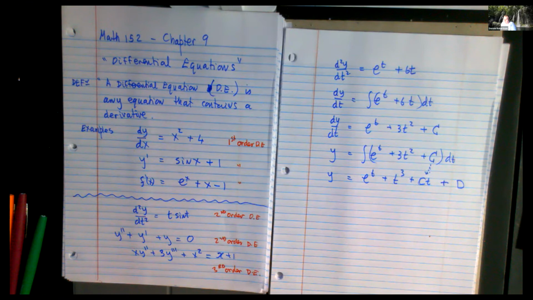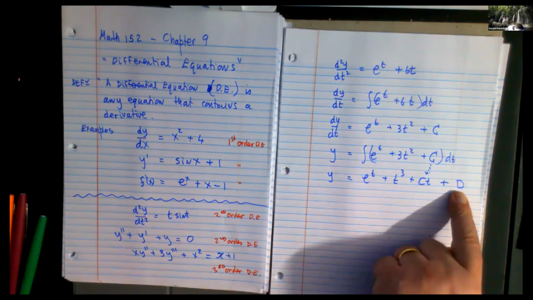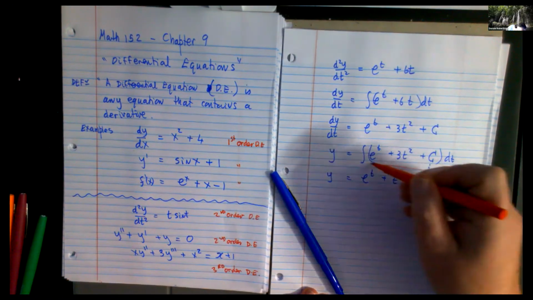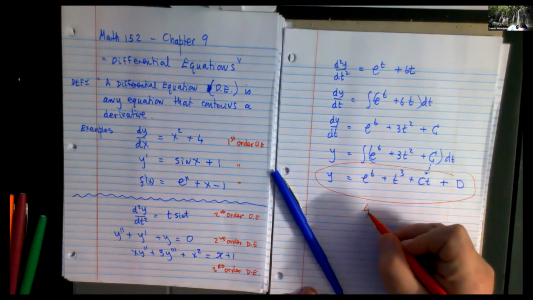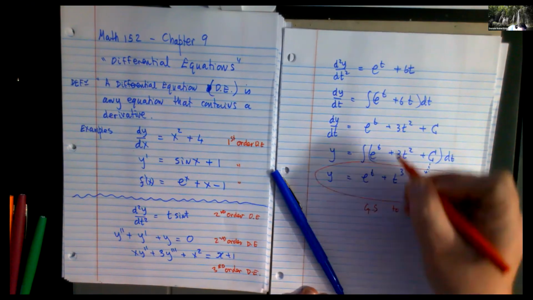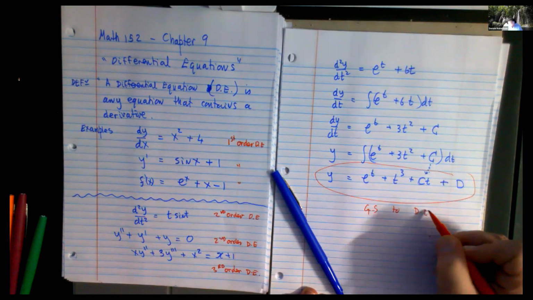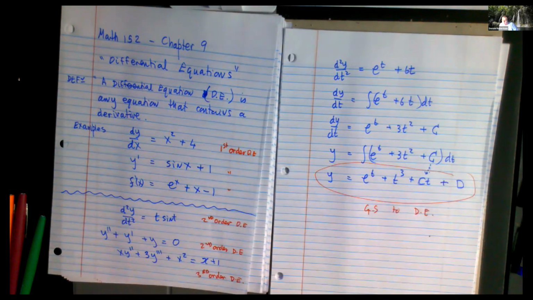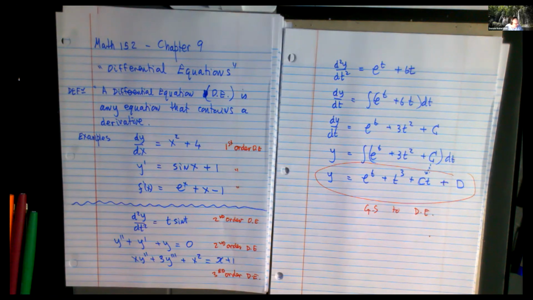That's an arbitrary constant, an unknown constant. Different guys. This here, that whole thing, is the general solution to this differential equation up here. Any questions so far? Are we good?